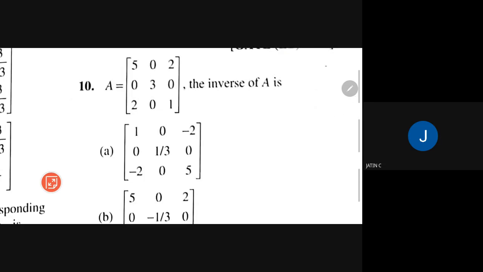Is there a way? Ashwini? Yes, sir. How can you do this one? 10th question. I don't want any serious computation here.